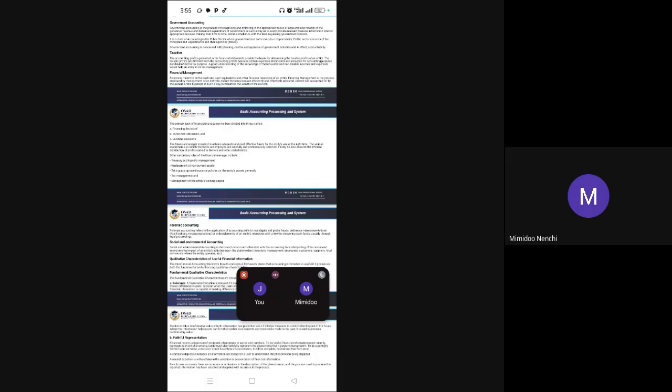Then the next thing is replacement of non-current assets. The replacement of what? Non-current assets. That's the physical assets. Non-current assets happen to be both tangible and intangible assets.